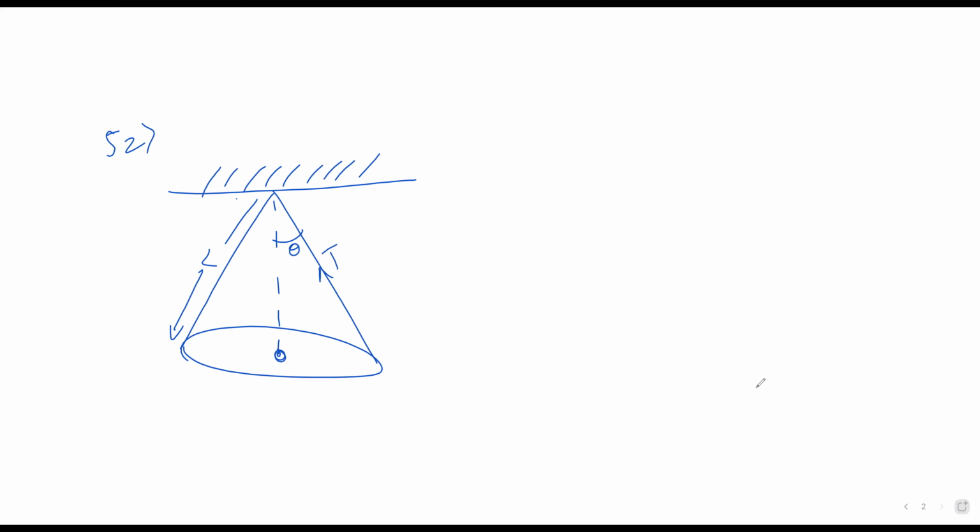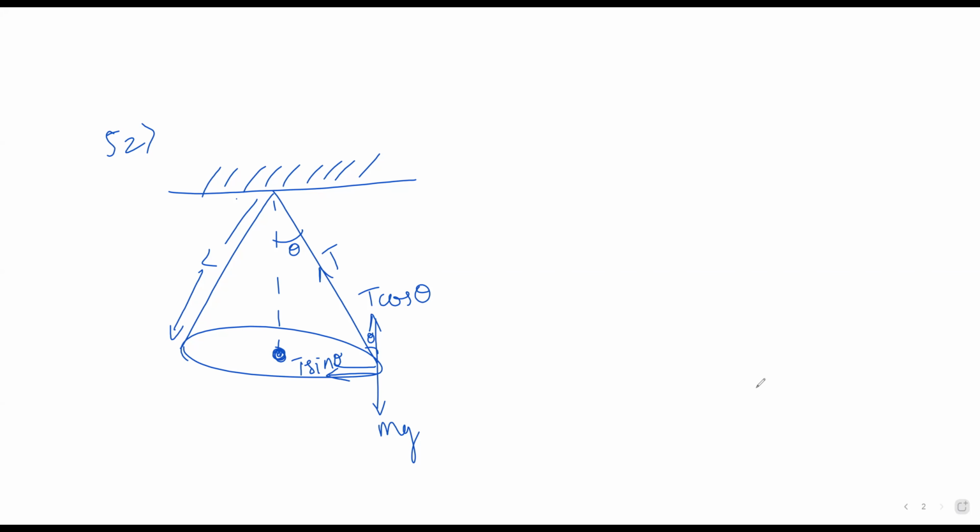T is the tension and it is resolved into two components. This is weight W is equal to mg and this is T cos theta. And here this is the angle it is going to form. This is T sin theta. This is the center point that is represented by O here.